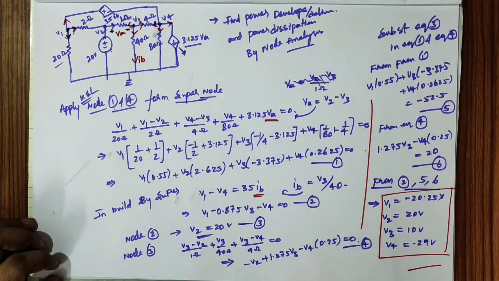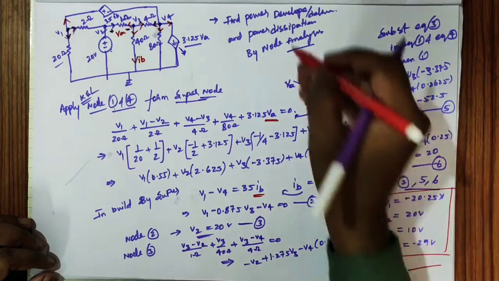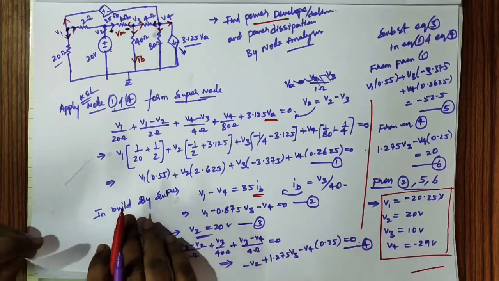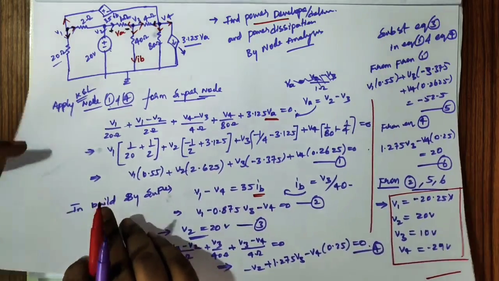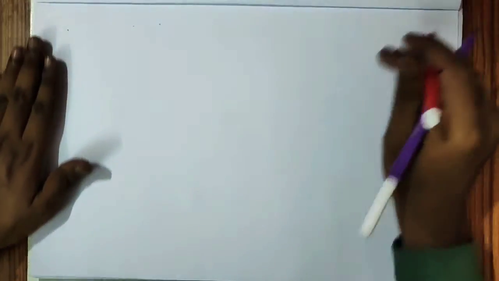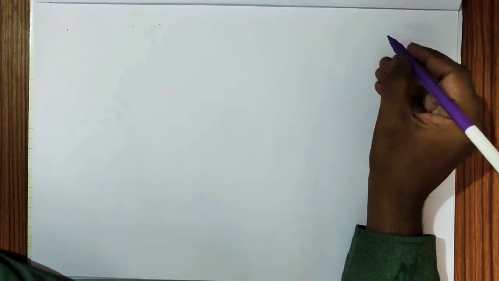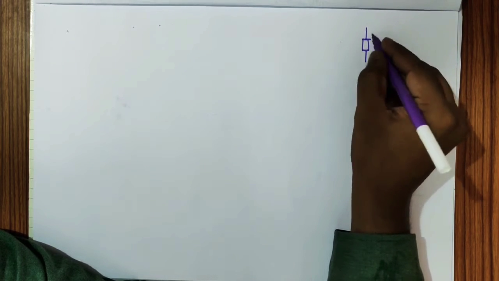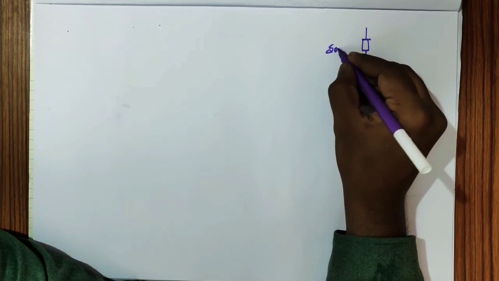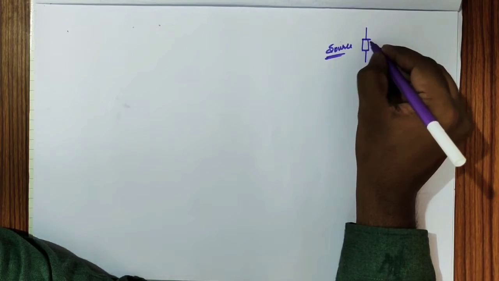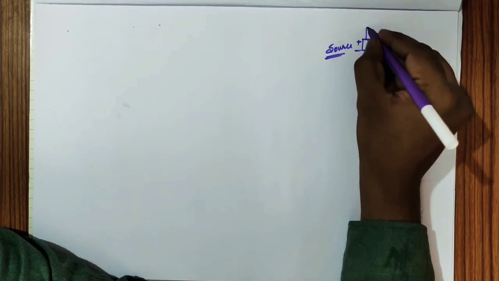Now what we have to do is find the power developed by the sources. This is a discussion topic you need to understand. I want to introduce one small topic, that is how to find whether an element is a source or a load. For example, I think this box is a source, with terminals inside or outside like this.